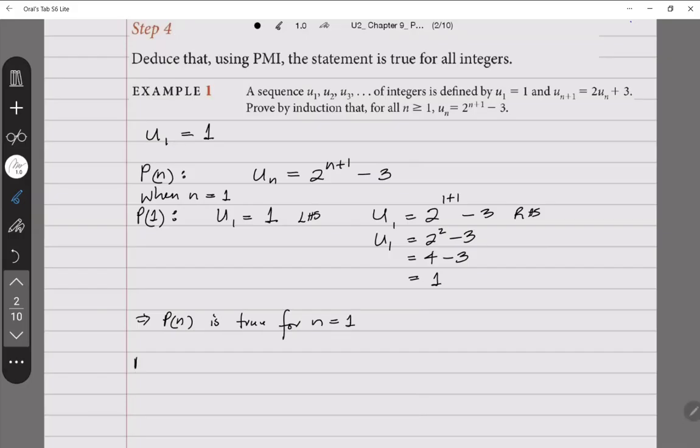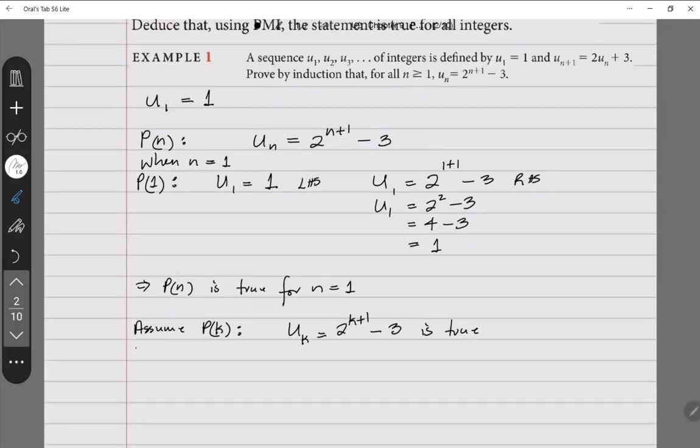We're to then assume that Pk, which is the statement Uk is equal to 2 to the k plus 1 minus 3, is true.